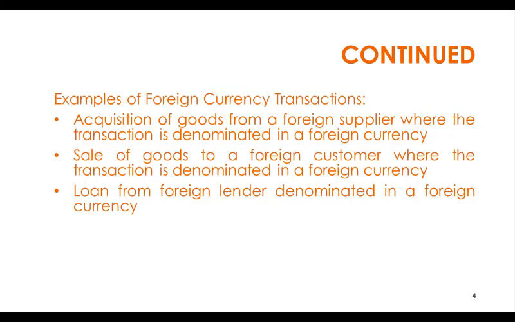And then loan from a foreign lender denominated in foreign currency, which means as a company we asked for a loan, and when we are recording it and also paying it, it should be denominated in a foreign currency.